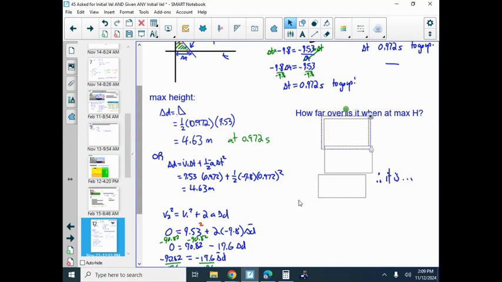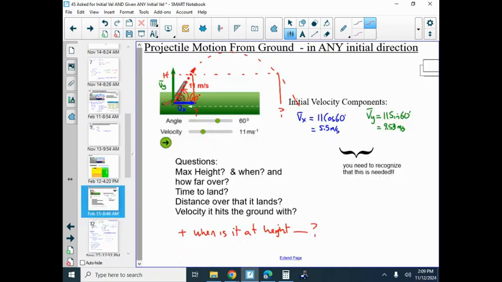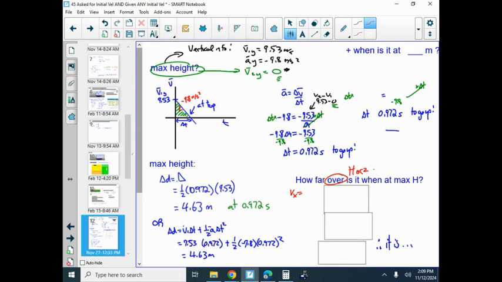And so for this one, we have to recognize that horizontally, how far over, talking about horizontal information, well, Vx is just 5.5 meters per second the whole time, right?